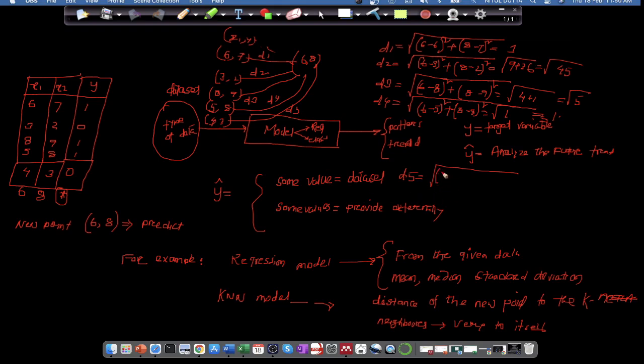So here (6 minus 4) whole square plus (8 minus 3) whole square, which is equal to the square root of 4 plus 25, which is equal to the square root of 29, right? So this is 1. The square root of 45 is how much? Just 1 minute.